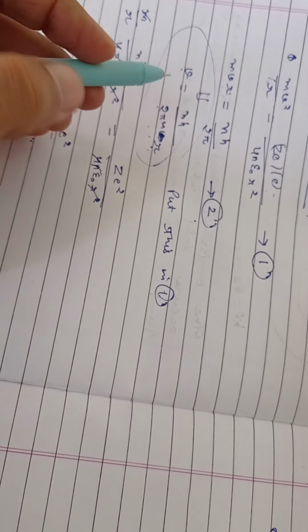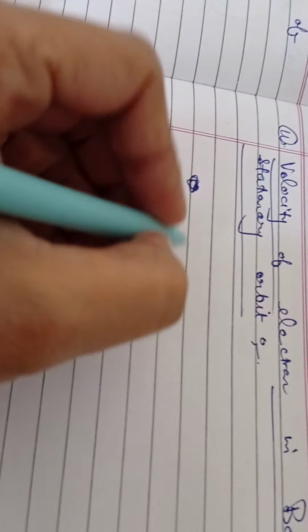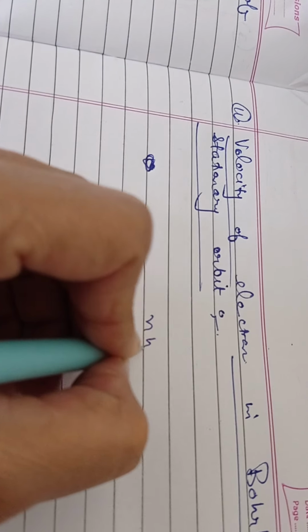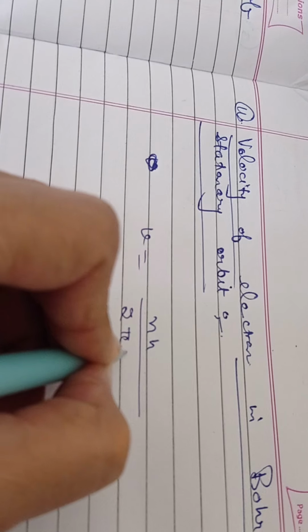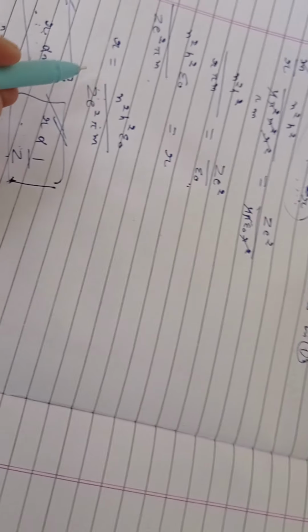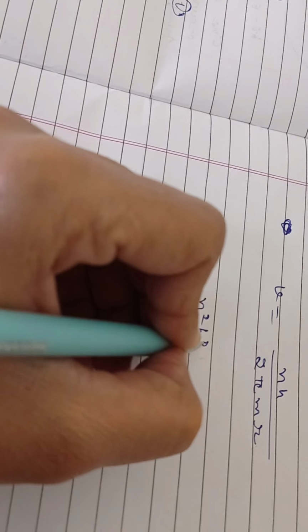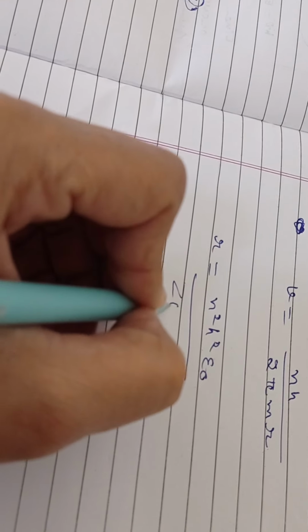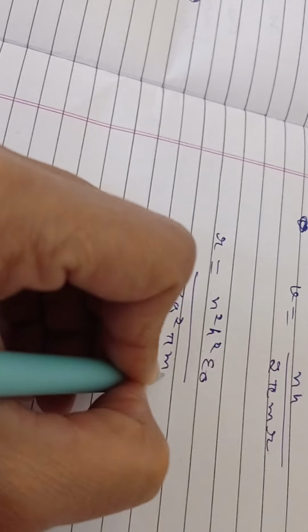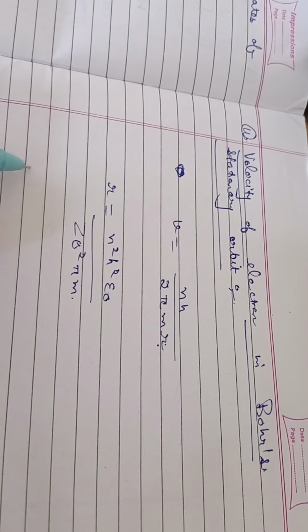So I am writing v is equal to nh over 2 pi m r, right? Now, what is the value of r? Here is the value of r: r is n square h square epsilon naught over z square pi m. I am putting this value of r in this expression.